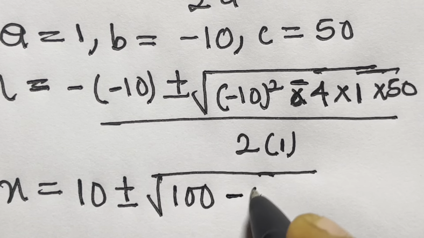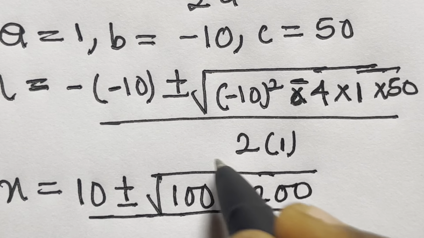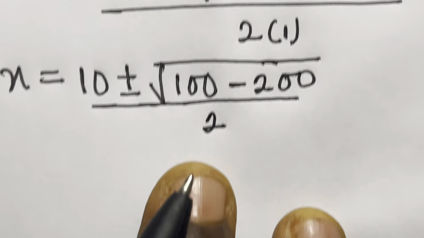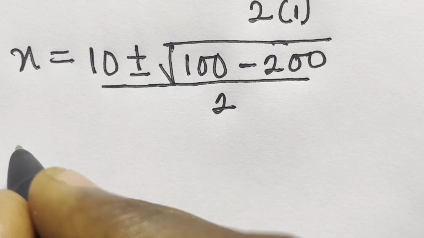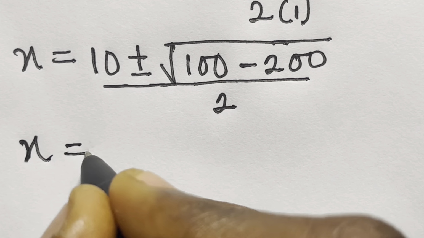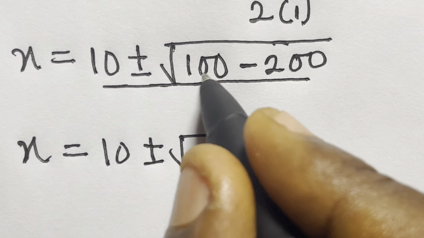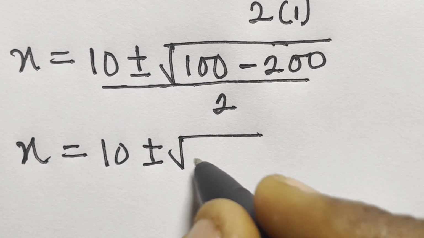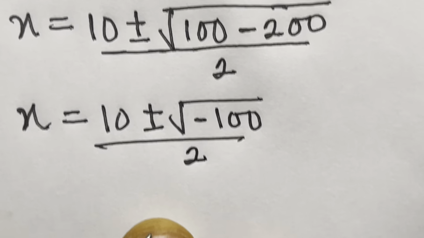So we have minus 200, divided by 2 times 1, which will give us 2. From here, we will have x equals 10 plus or minus square root of 100 minus 200, we have minus 100, divided by 2.